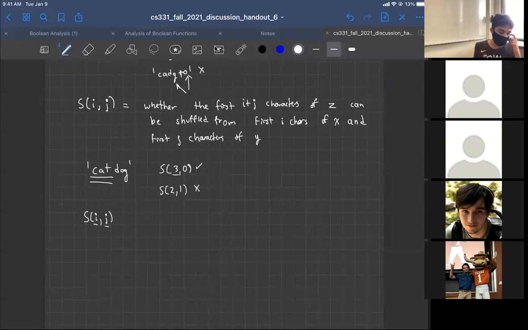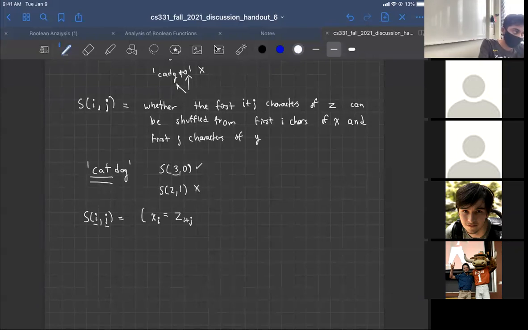So either it's the case that the I plus jth character comes from X, in which case it's the ith character of X, or it comes from Y, in which case it is the jth character of Y. So let's think about the first case where it comes from the ith character of X. So we require that X of I is equal to Z sub I plus J. Okay. And now it's certainly true that the I plus jth character can come from the ith character of X. But what must be true about the I plus J minus 1 characters before Z sub I plus J?